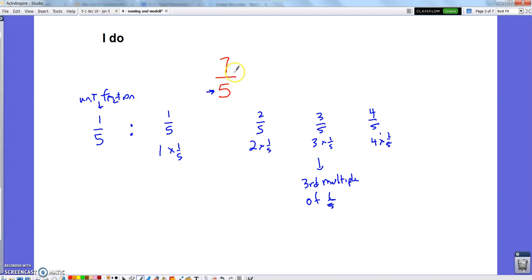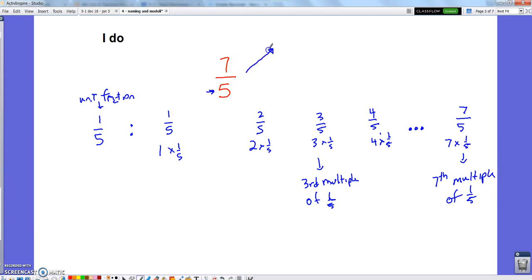So when I look at 7/5, I know that if I were to go out here farther, that 7/5 is equal to 7 times 1/5, and that it is the 7th multiple of 1/5. So that's really the main two things. I'd love for you to be able to look at a fraction and say two things about this. So I looked at the number 7/5.